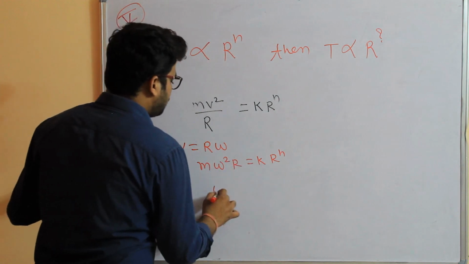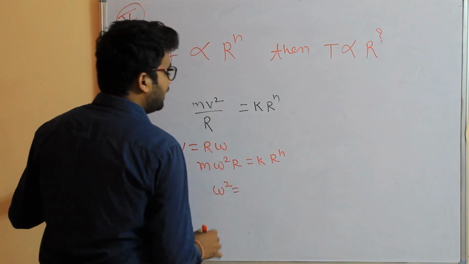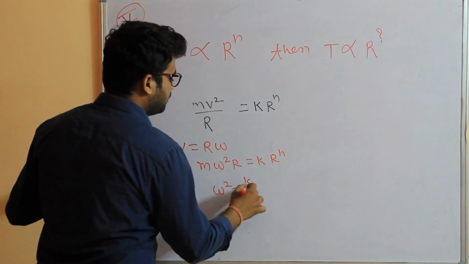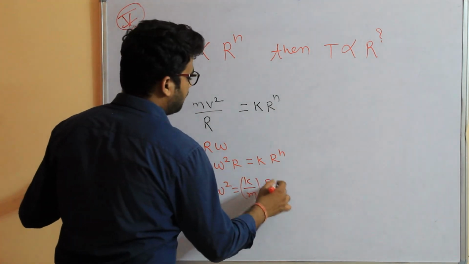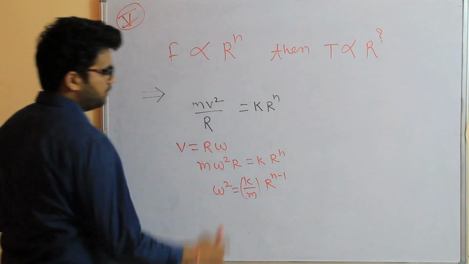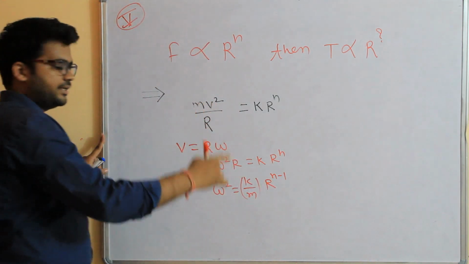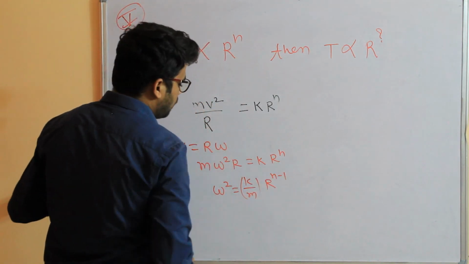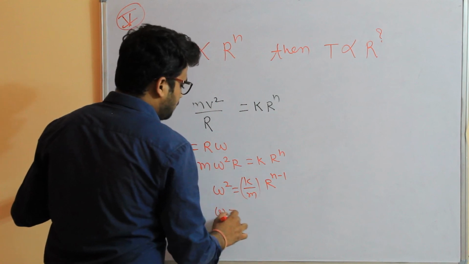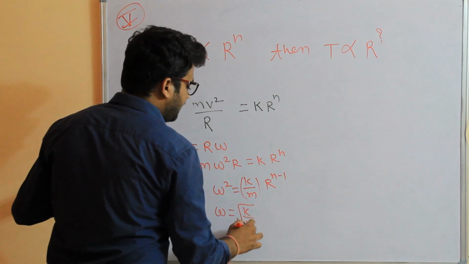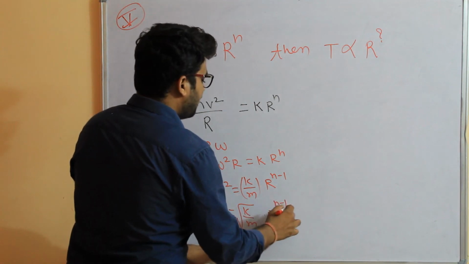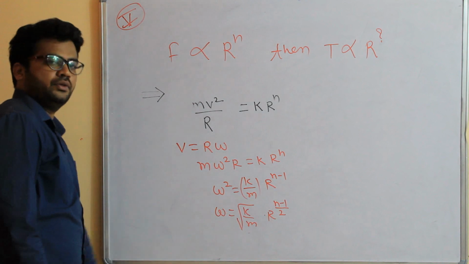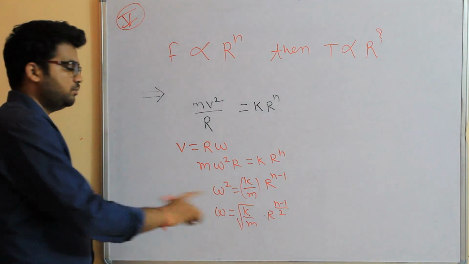Now omega square is equal to k by m r to the power n minus 1, because r on this side will be r to the power n minus 1. So omega is equal to root of k by m into r to the power n minus 1 by 2, just taking the square root on both sides.